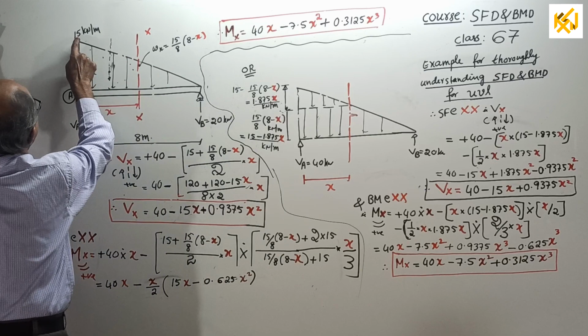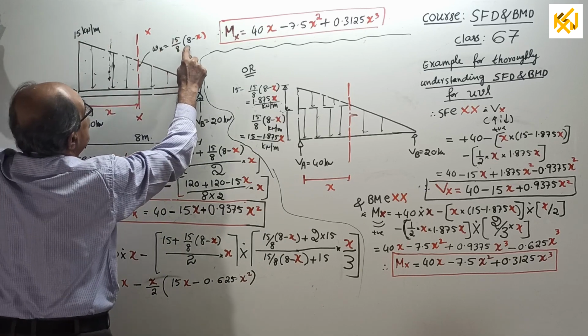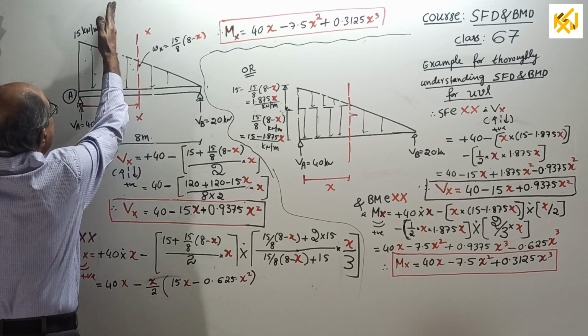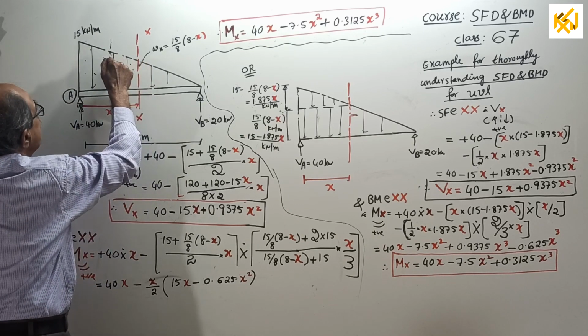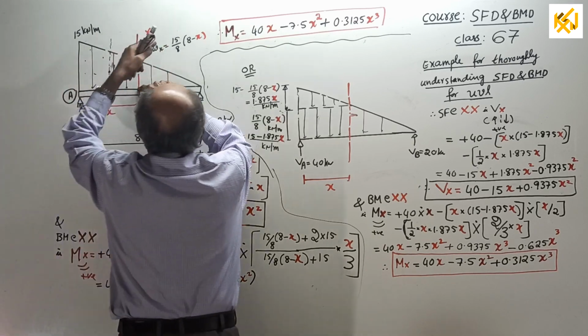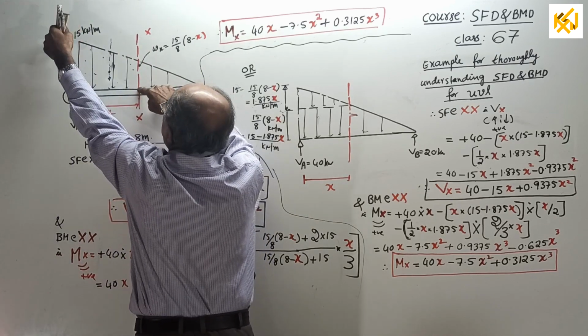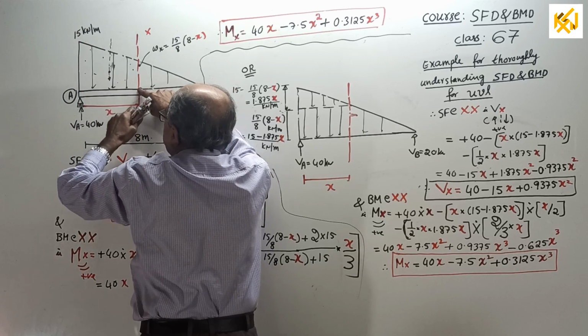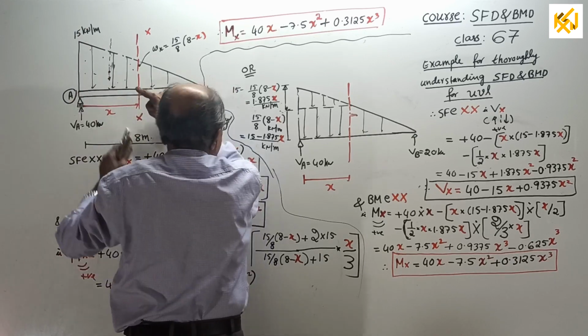Total load is 15 plus 15 by 8 into 8 minus x, divided by 2, into x. Total load into the distance from here to here, that is this ordinate plus twice that ordinate, divided by this ordinate plus that ordinate, into the distance between them, x divided by 3.